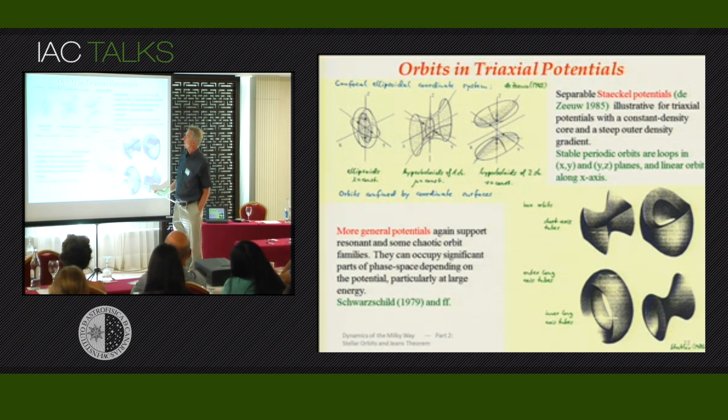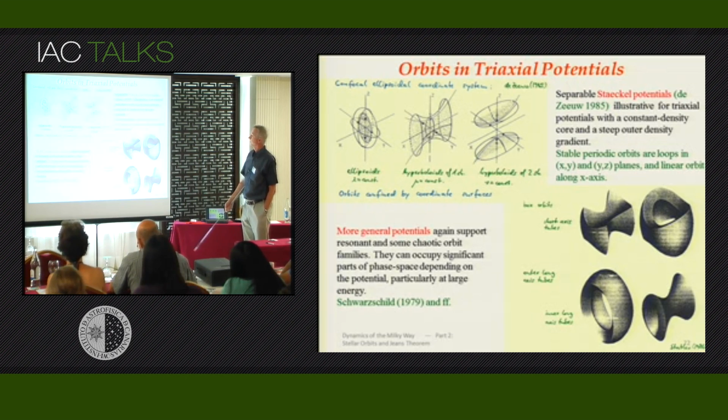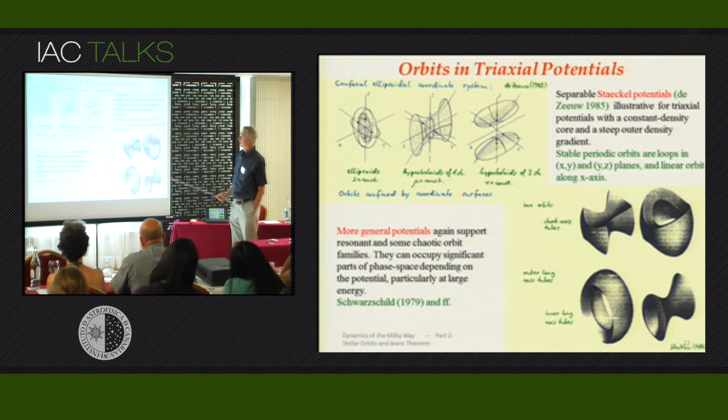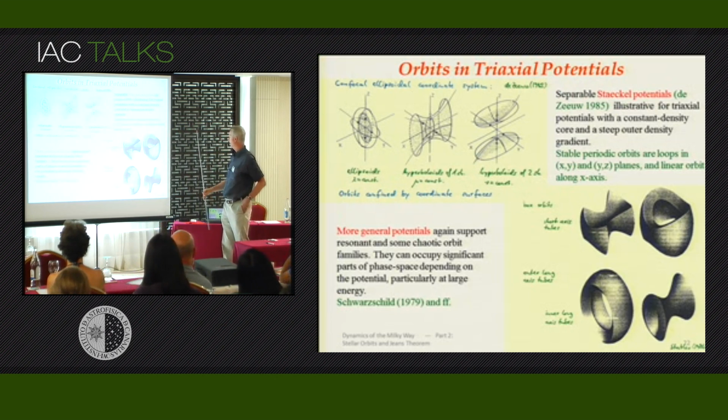You can imagine these coordinate surfaces, and then there's one of the second kind for the third coordinate. And again, like in the 2-dimensional case, orbits would be defined in these potentials as living between coordinate surfaces. It's a separable potential, and this is an illustration of how the orbit families that can live in these Stäckel potentials might look like.